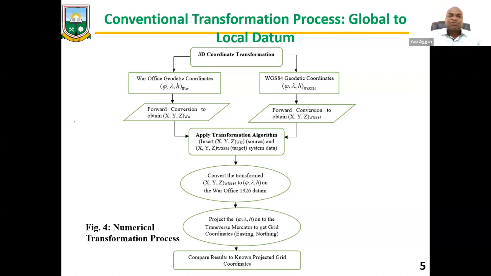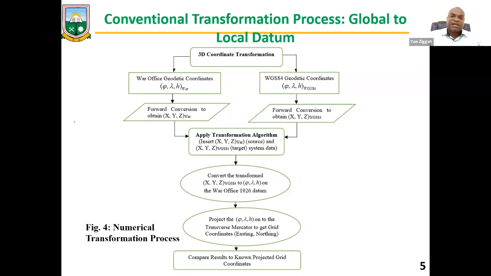Now, if the mine wants to send a document to the Survey and Mapping Division, Lands Commission for approval, there is a need for them to transform their mine grid coordinates into the national coordinates. So in order for them to do that, first of all, they should have common point information.